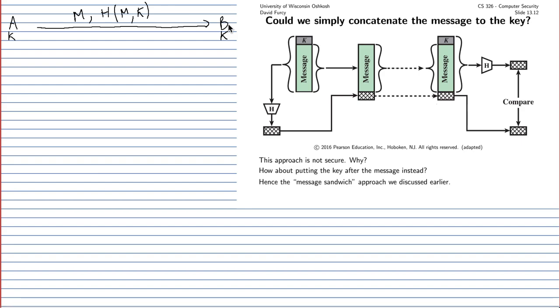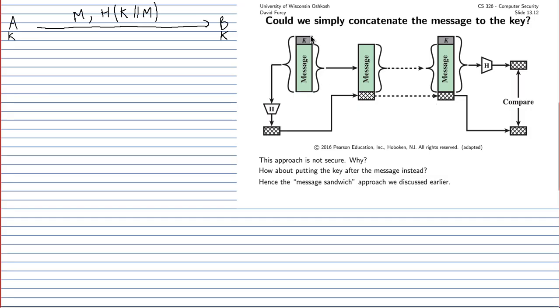Okay? Now, one way to do this is to use a regular hash function H, a hash function that only takes one input, which is just a message, and to basically build a new message by concatenating the key K with the message M. The double bar here just means concatenation of the bit strings, just like here.